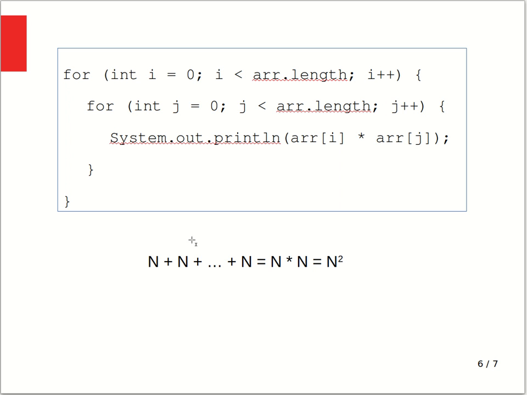The outer loop iterates N times, so you have capital N plus capital N plus capital N. The summation involves capital N's.